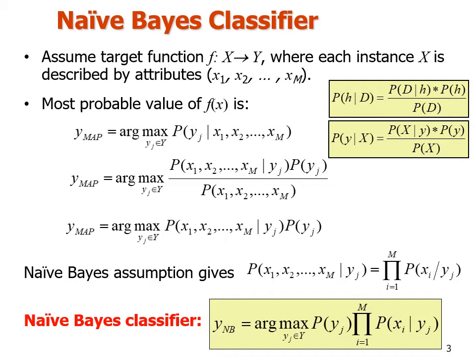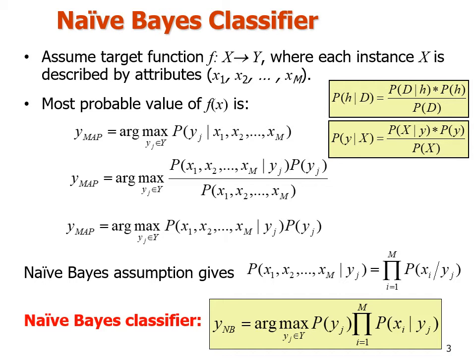So let me summarize now. The Naive Bayes learning method uses, number 1, a learning step in which the various probabilities of yj and probabilities of xi given yj terms are estimated based on their frequencies over the training data.